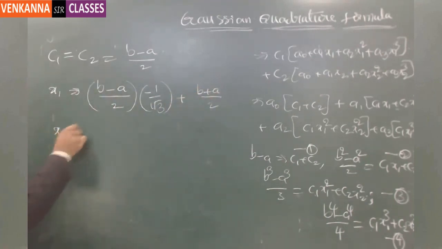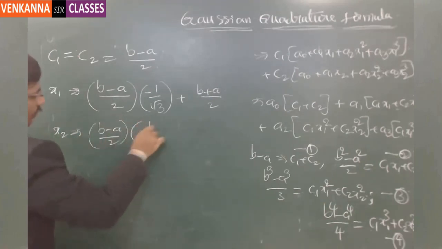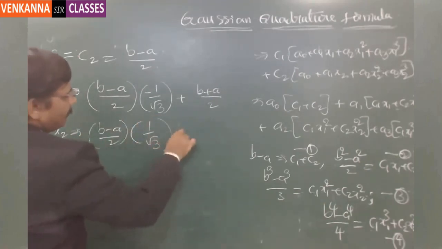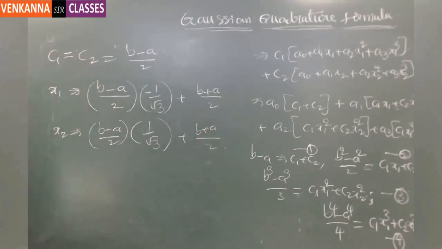Similarly, X2 is equal to (B minus A) by 2 times 1 by root 3 plus (B plus A) by 2. So this is the value. So these are the undetermined values.